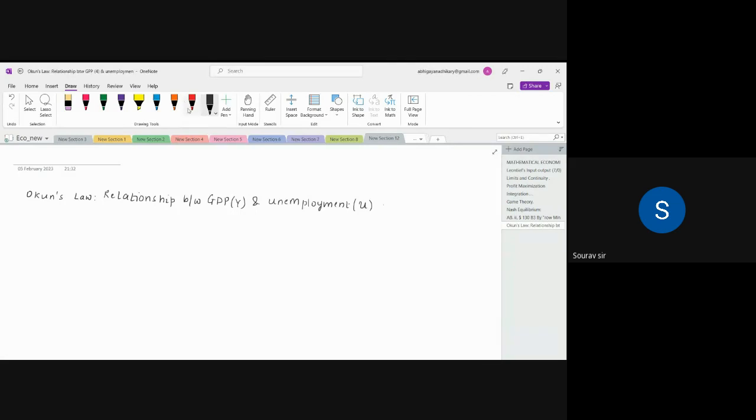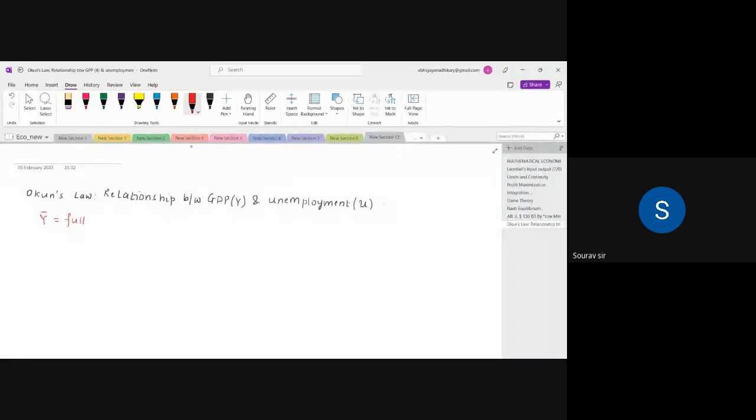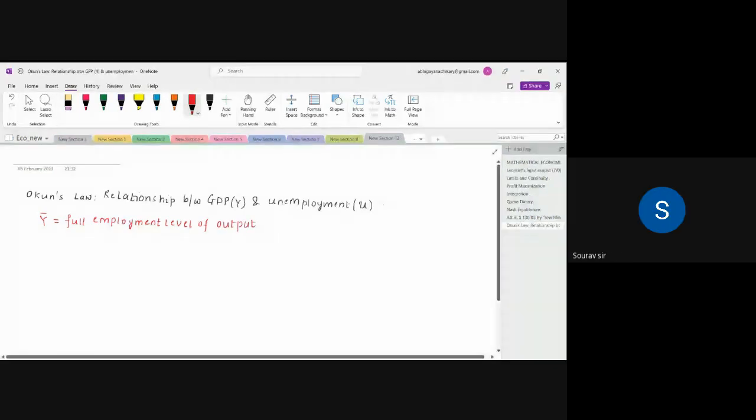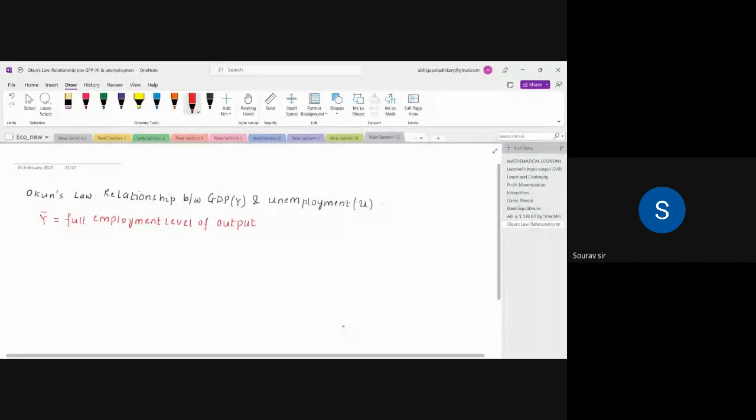Two things to confirm, Harshita. Are you aware of the full employment level of output? So full employment means the natural rate of unemployment. Yes. When U equals UN, then you have the full employment level of output.